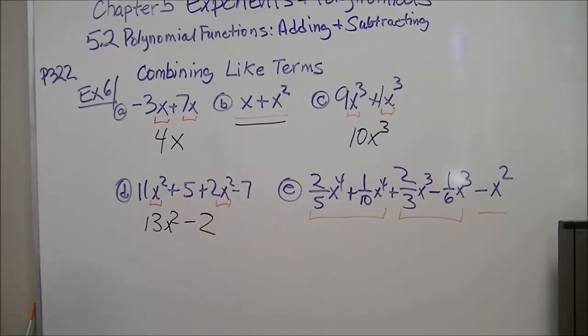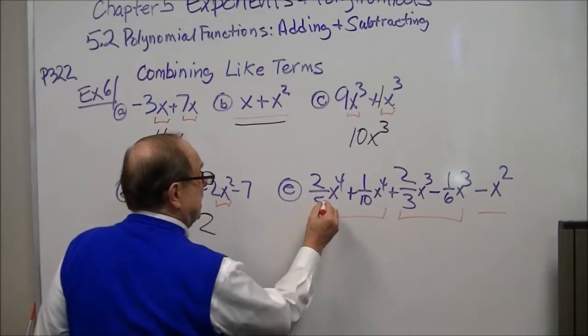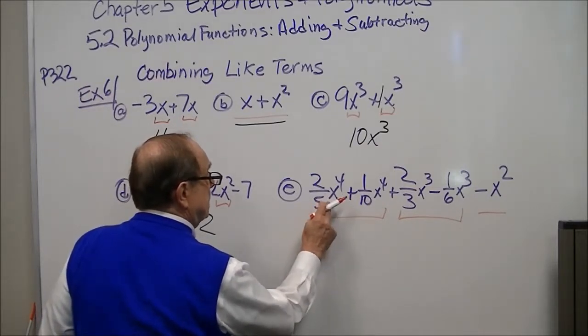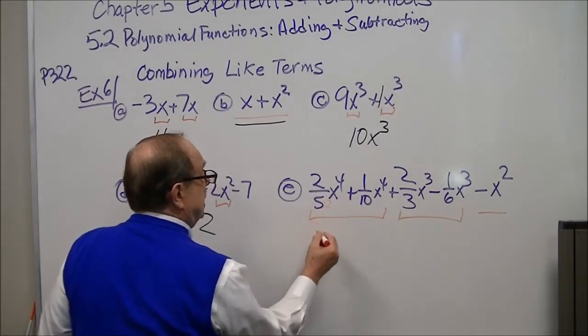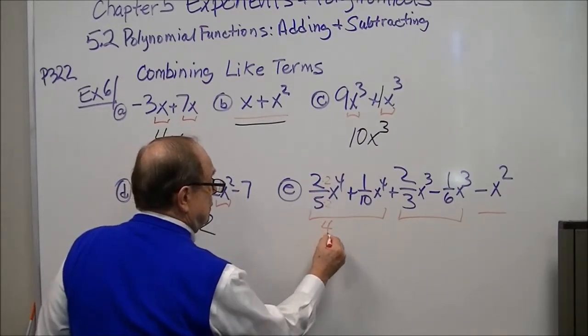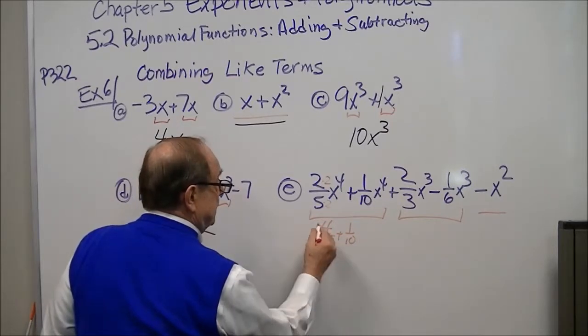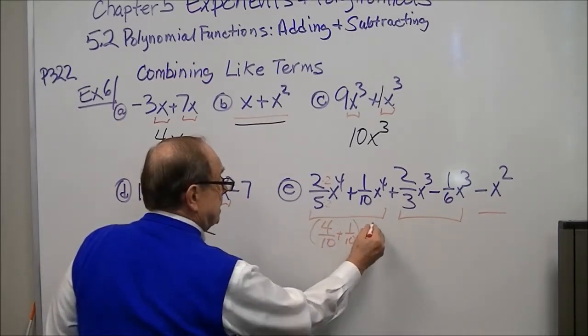Now for this one, they wanted you to work with fractions a little bit. So in order to combine these like terms, I have to make this a 10 by multiplying it by 2. So this then becomes 4/10 plus 1/10 in a sense, x to the 4th.